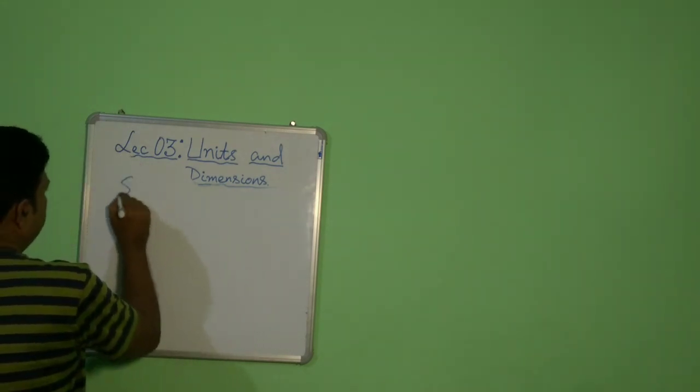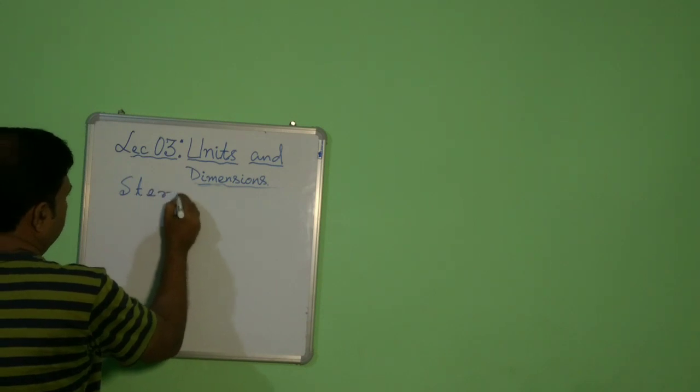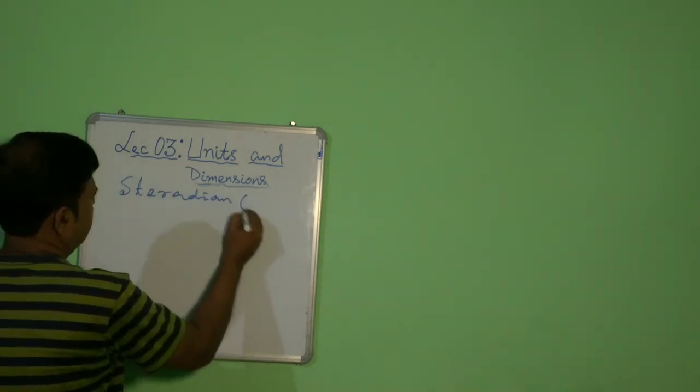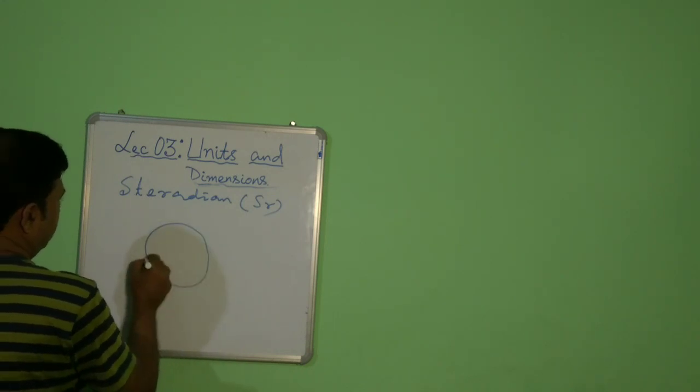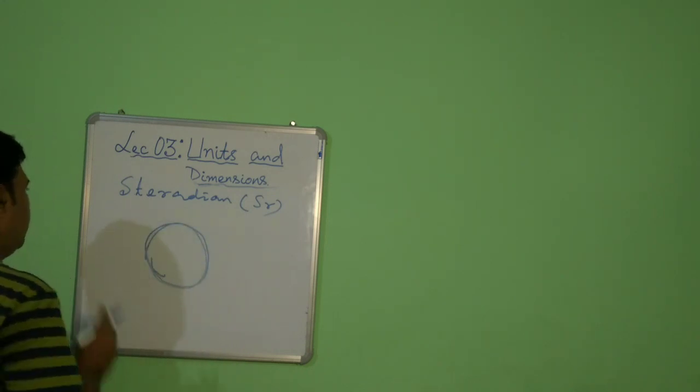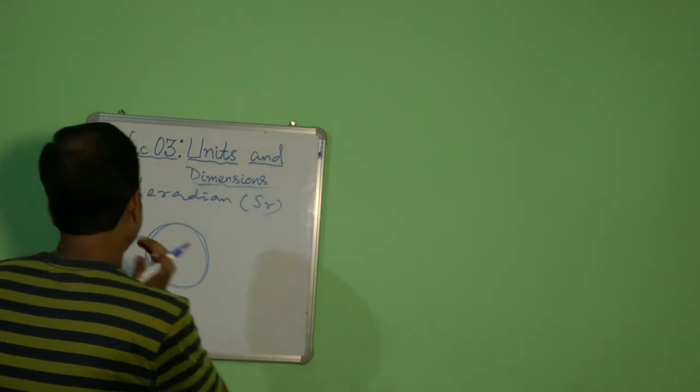Similarly, steradian is used for measuring solid angle and its symbol is sr. Suppose this is a sphere. A sphere can't be represented on a plane, it should be imagined.